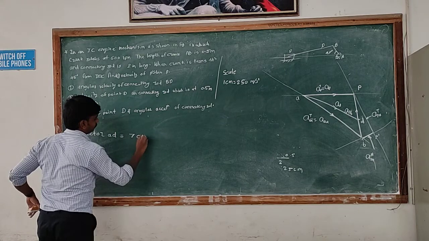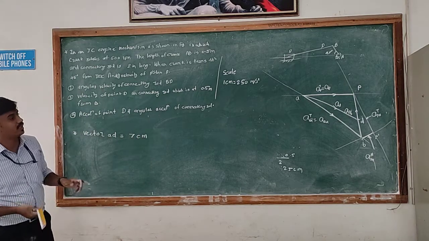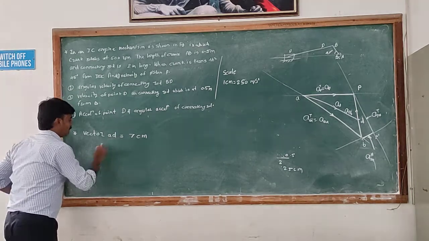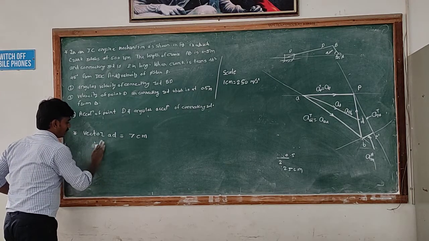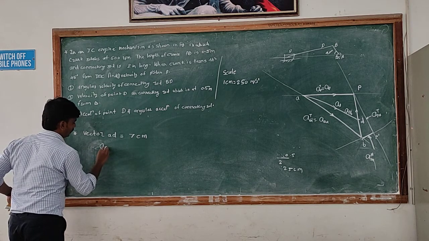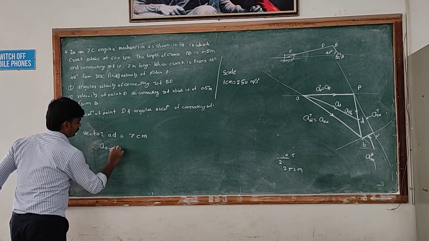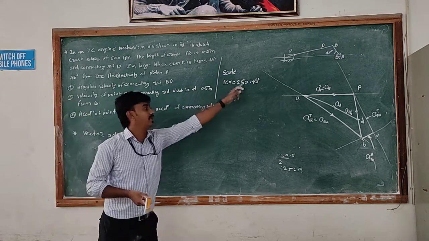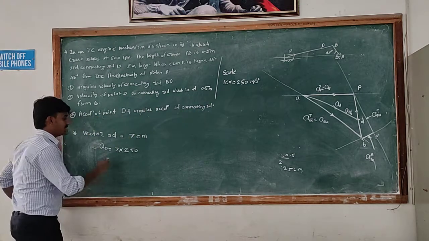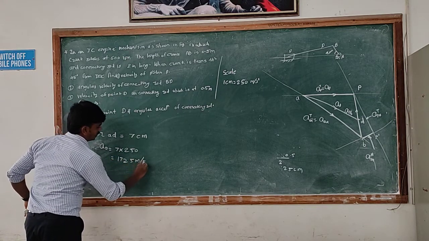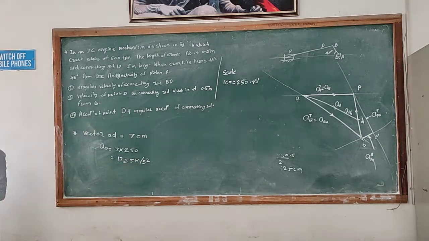If we measure this vector AD, it becomes 7 centimeter. Multiply, so the acceleration of D is 7 into 250, because the scale is 1 centimeter equal to 250 meter per second square. So it becomes 1750 meter per second square.